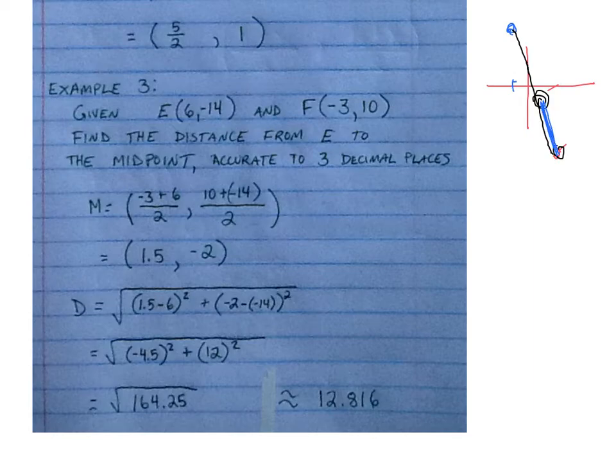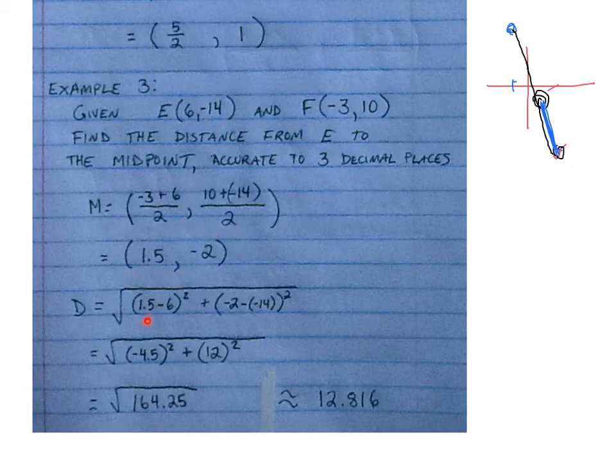If I want to do that, I need to first find the midpoint from E to F. So first I find the midpoint by using the midpoint formula. You can see I have just plugged in the values, and if I simplify that out, I get a midpoint of 1.5, -2. And I'm asking for the distance from E to the midpoint.